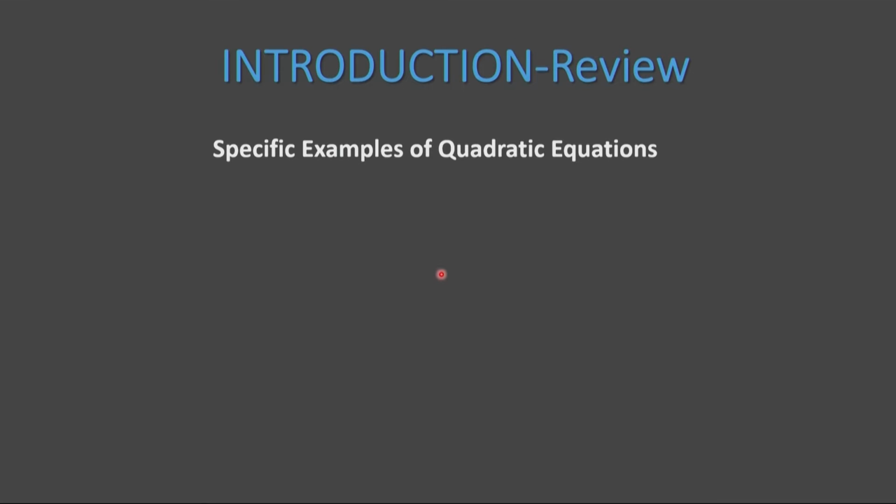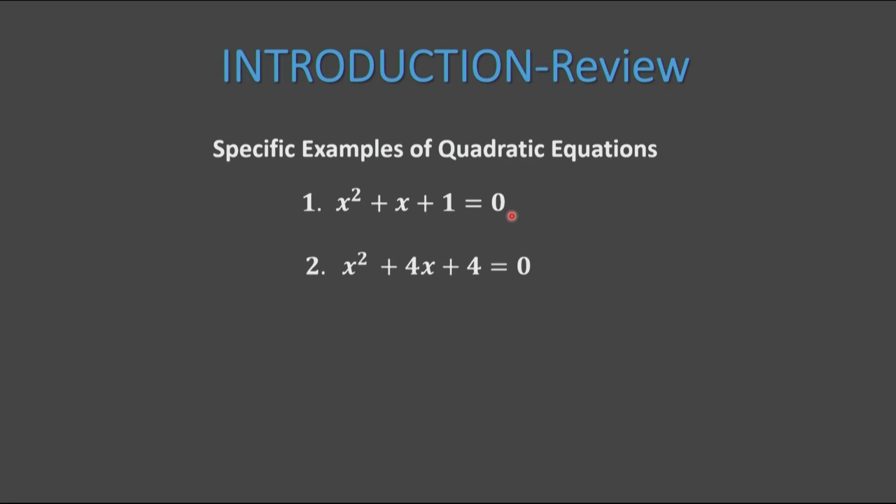Now, can you think of specific examples of that general equation, where a, b, c are given some values? Number 1, you can have a is 1, b is 1, and c is 1. This is a quadratic equation. Another one, a is 1, b is 4, and c is 4.